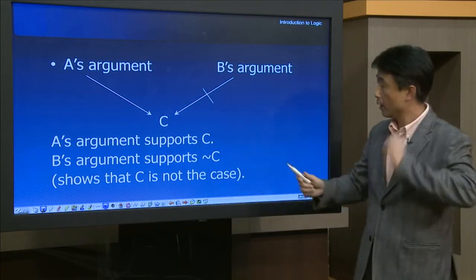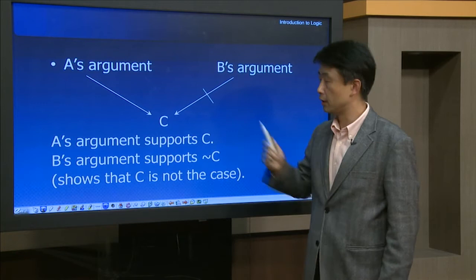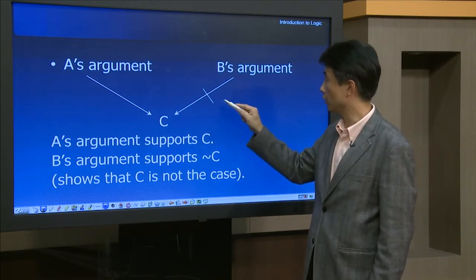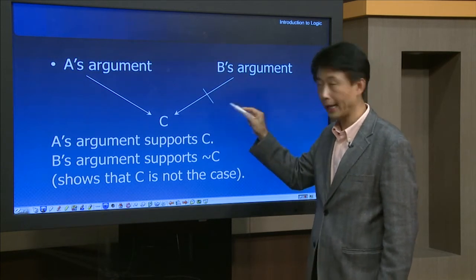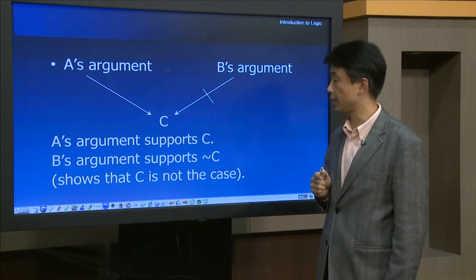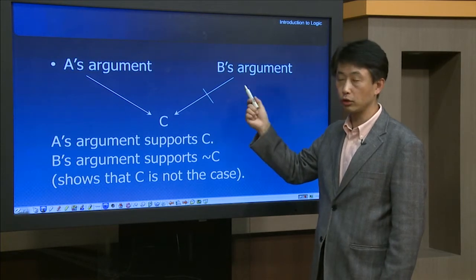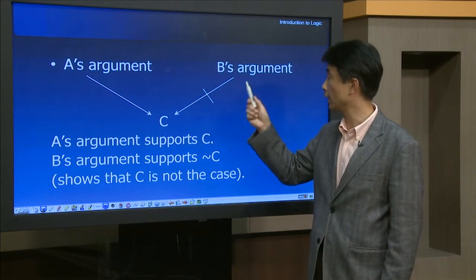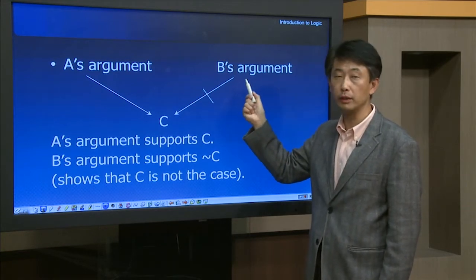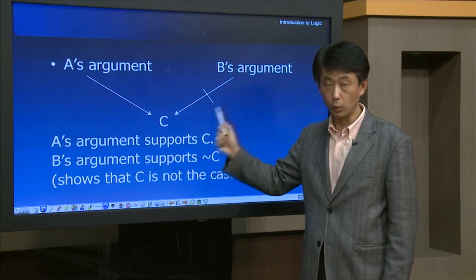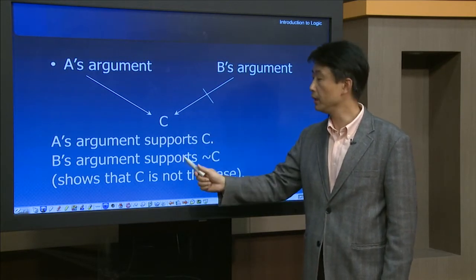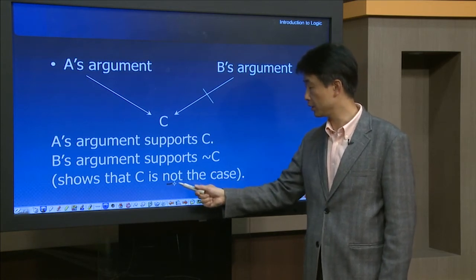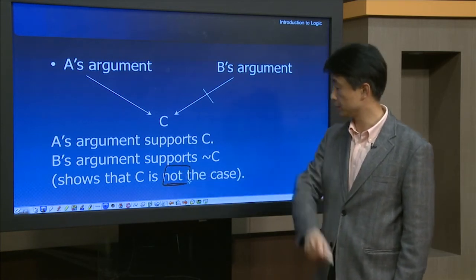Now, but B does not think that C is the case. This arrow with the slash mark indicates that B presents an argument against C. In other words, B is presenting an argument to show that C is not the case.